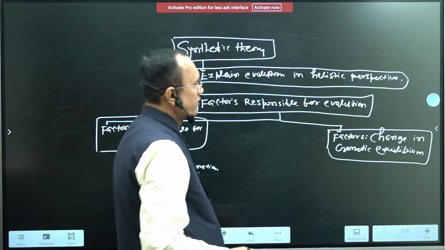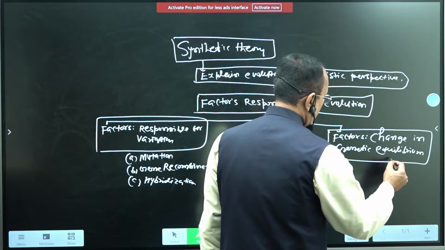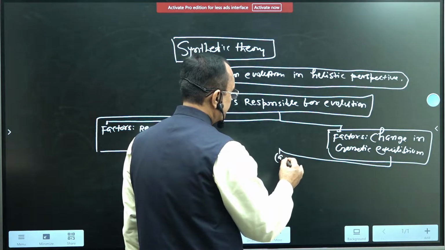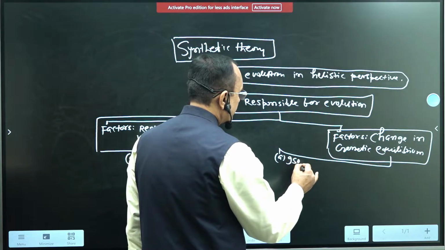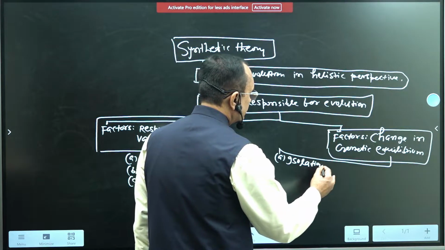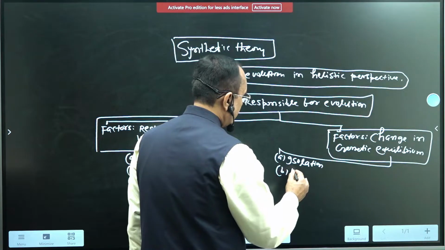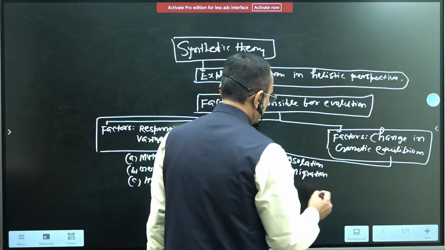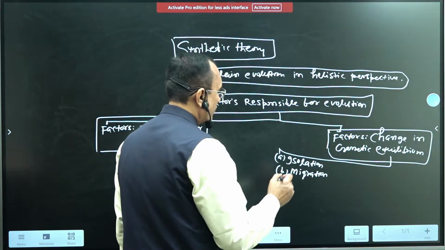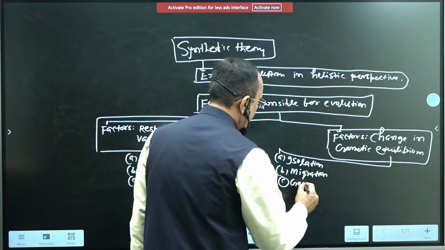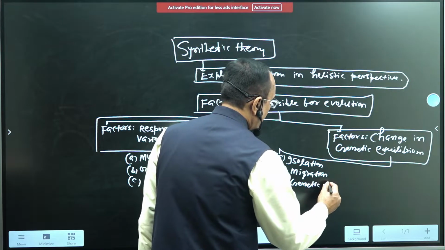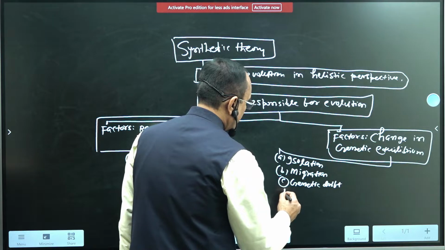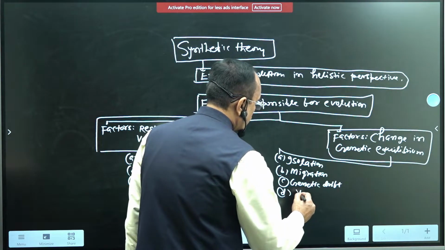And factors which are responsible for change in genetic equilibrium are isolation, migration, third, genetic drift, and next, natural selection.